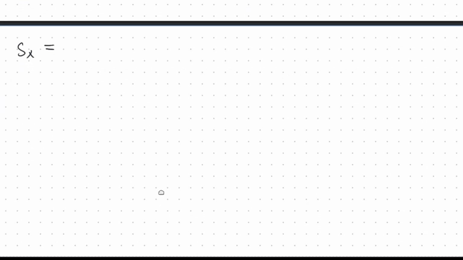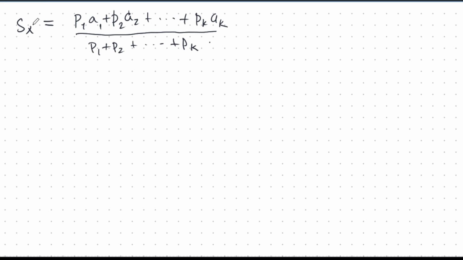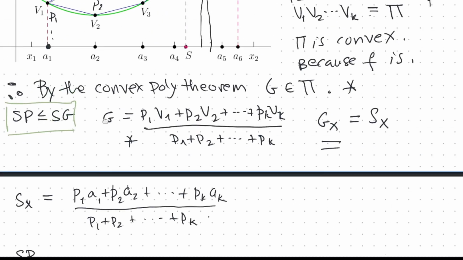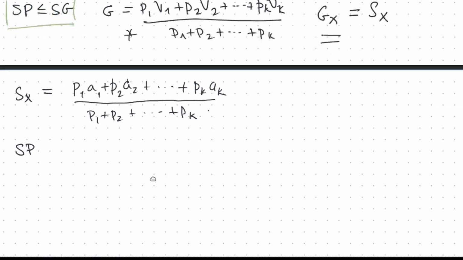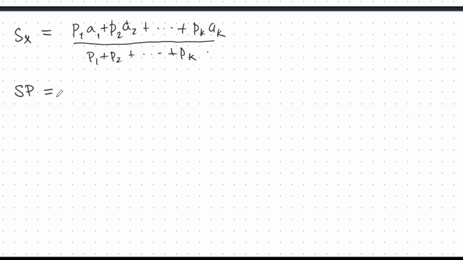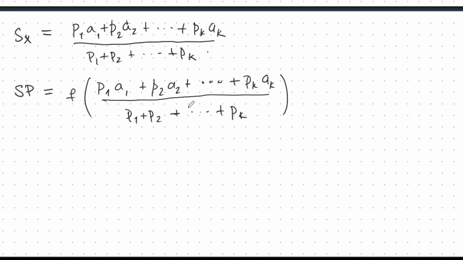So that's easy to find. And from this, it's easy now to determine SP. Well, let's go back to the picture. What is SP? If I know Sx here, that's the x component. This length from here to here is f of Sx. It's just the y component of P is Py. So that's easy to reason about, and it's just the function f applied to that point.